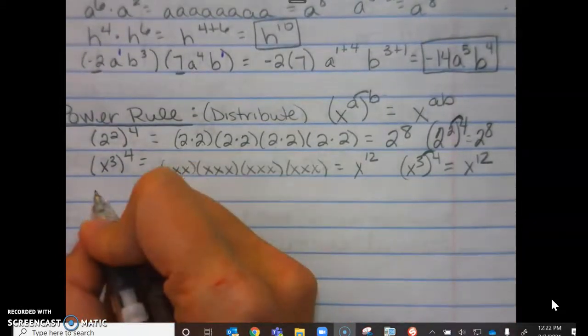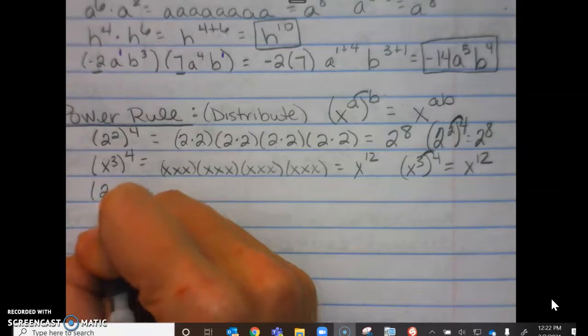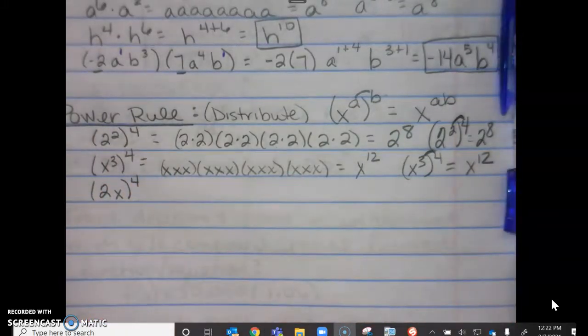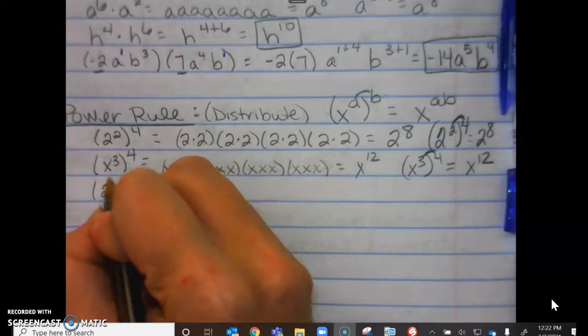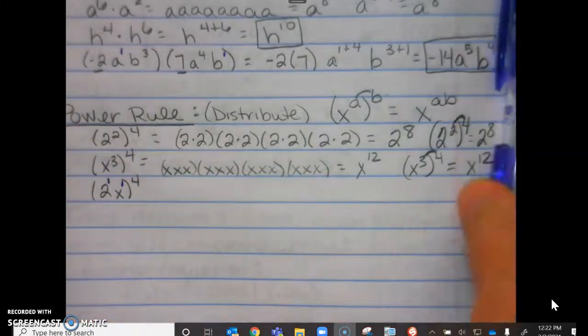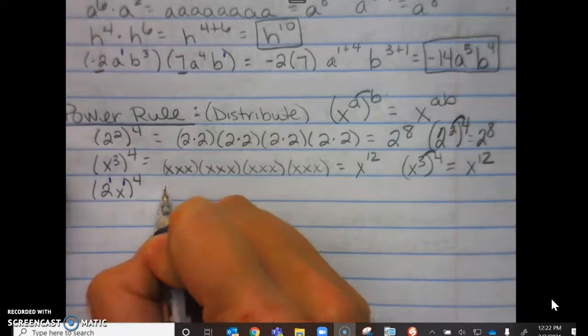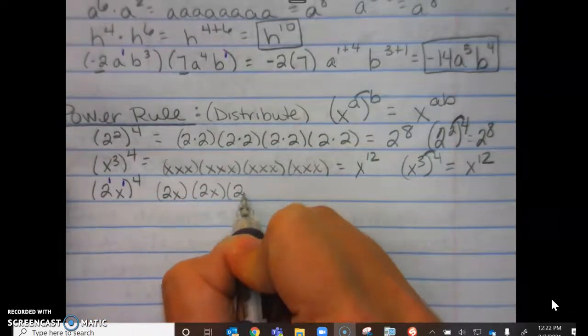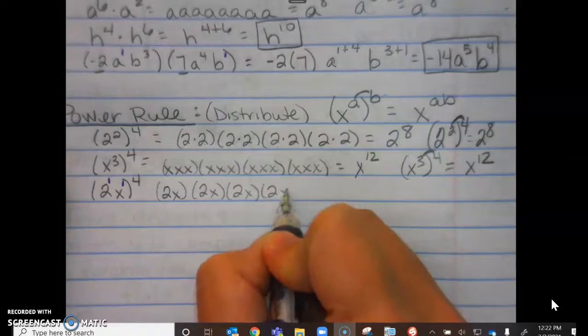Sometimes I have more than one thing in my parentheses. So if I have 2x to the power of 4, again, if you have no exponent, it is an exponent of 1. Remember that invisible 1. So we would write 2x times 2x times 2x times 2x. We're writing it out 4 times.